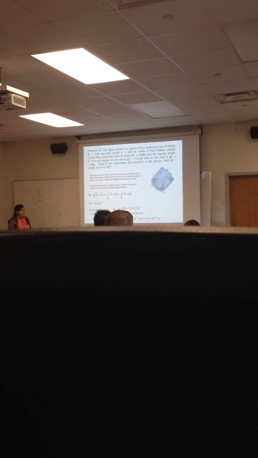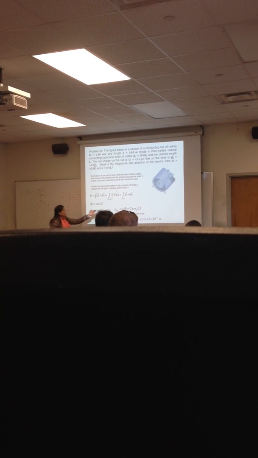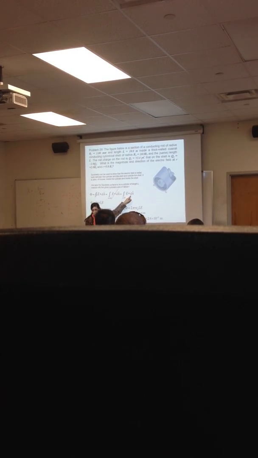cannot penetrate the surface. So in this case, this term is non-existent. What is the integral of E dot dA? Magnitude of E, magnitude of dA, cosine of the angle between E and dA. In this case, E is out, dA is out. What is the cosine of that angle? 0. Cosine of 0 is 1.